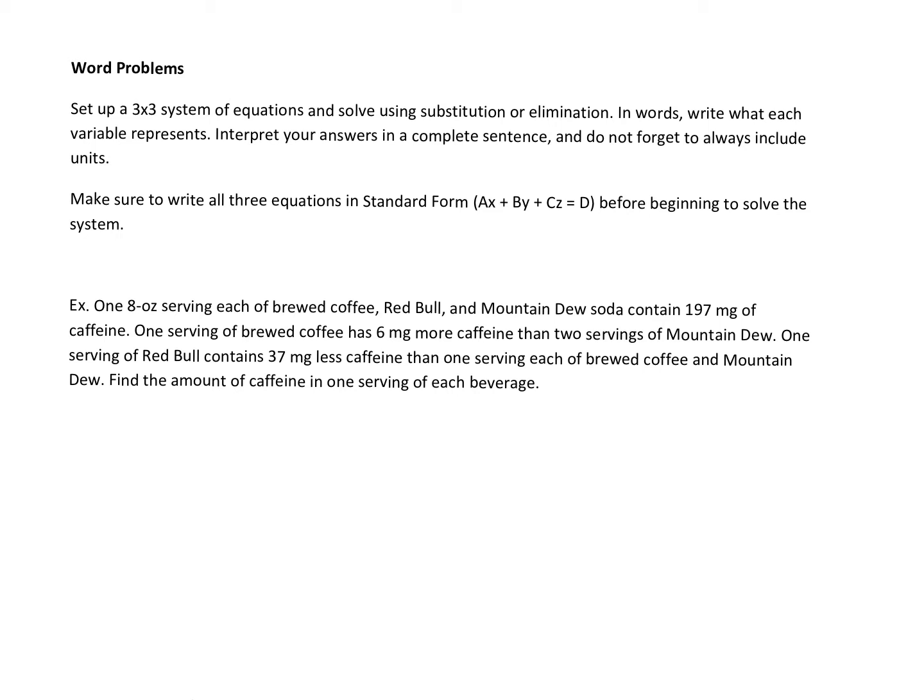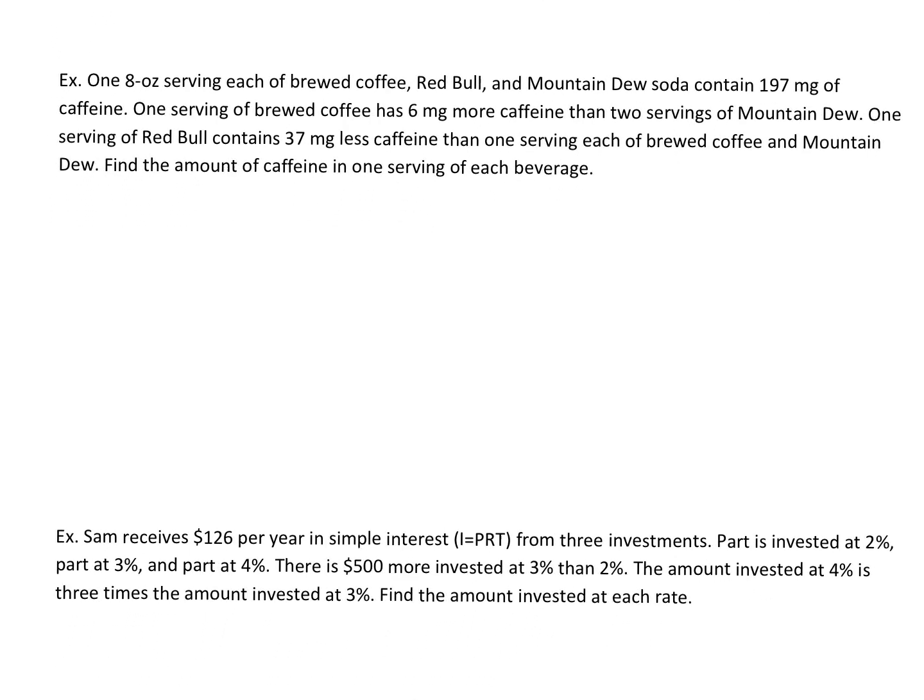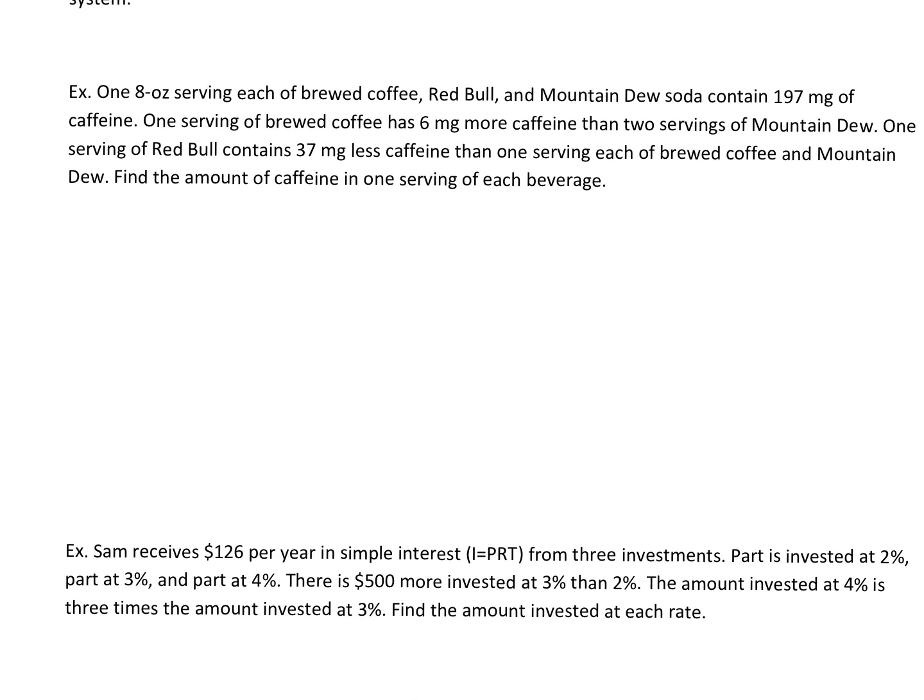So when we write our equations, we want all of the equations to be written in what we call standard form, which is ax plus by plus cz equals d, where a, b, c, and d are just numbers. So here is our first example. 1 8-ounce serving of brewed coffee, Red Bull, and Mountain Dew soda contain 197 milligrams of caffeine.